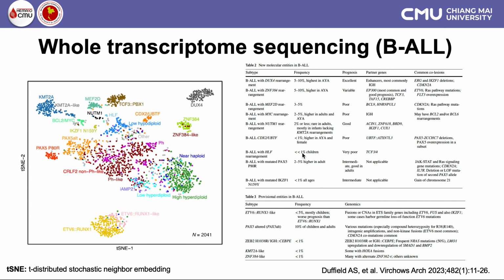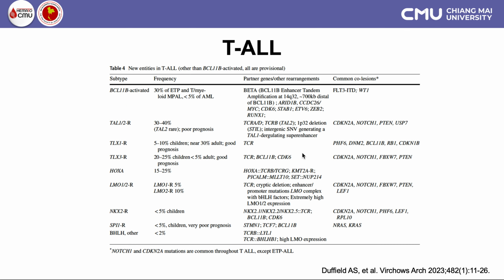As shown in both B-ALL and T-ALL here, molecular testing to classify the heterogeneity of acute leukemias is essential for treatment planning for the individual patient. Moreover, molecular testing can discover new targetable genes that lead to new and novel therapies in the cancer research field.